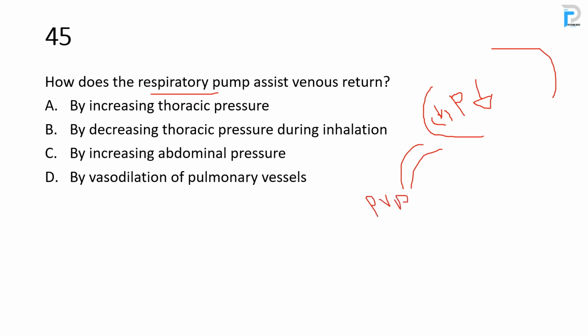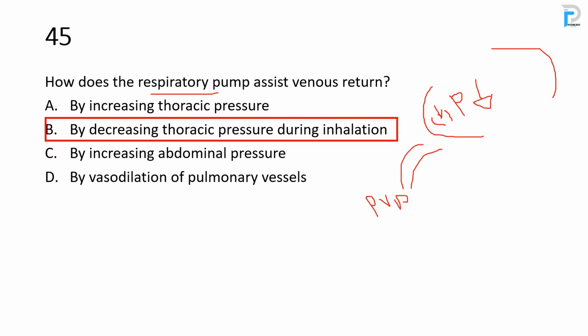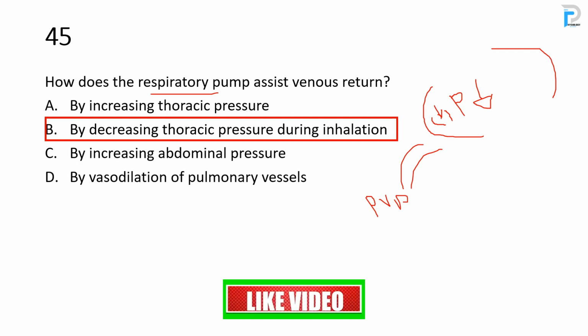That promotes venous return. So the main mechanism of how the respiratory pump helps venous return is by decreasing the thoracic pressure during inhalation, because of the expansion of the thoracic cavity. That expansion decreases the central venous pressure, and that promotes venous return.